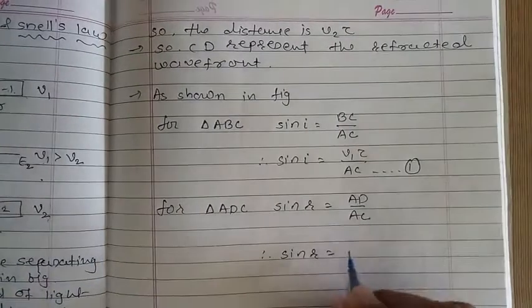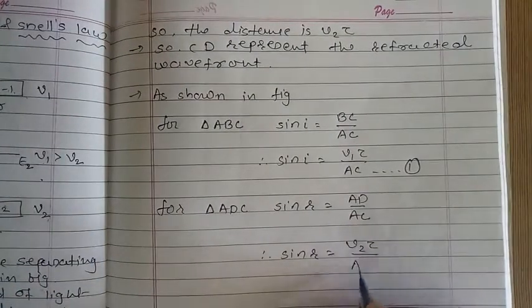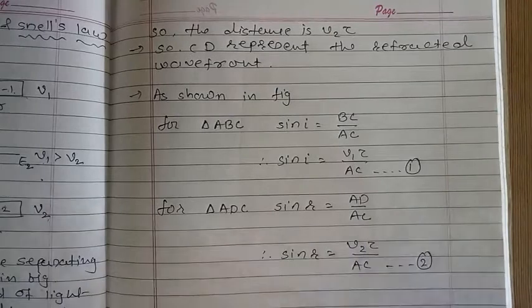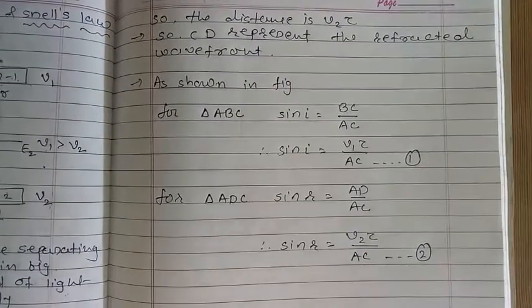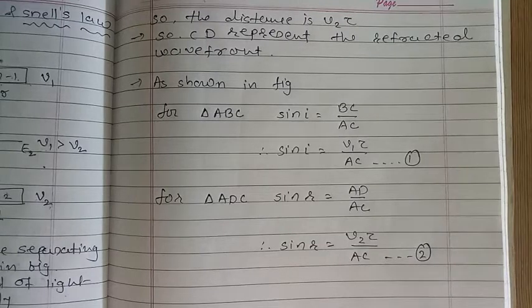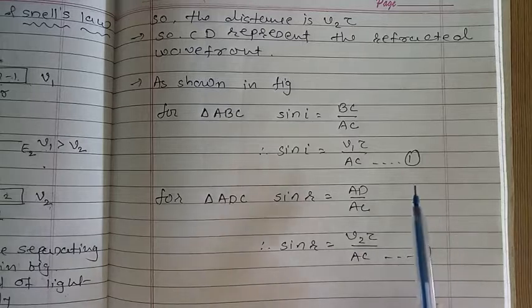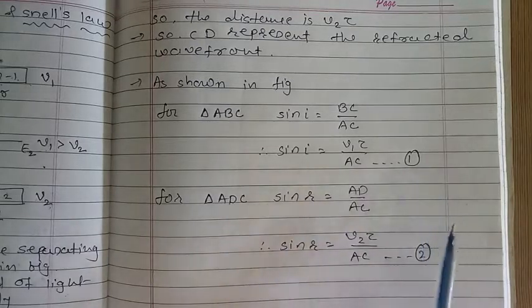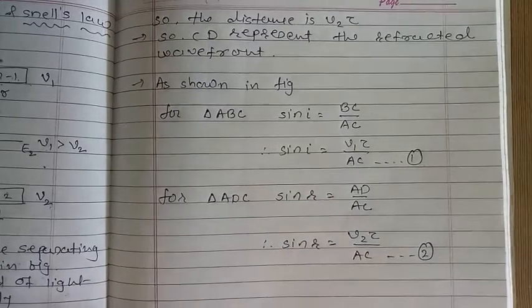So sin R is equal to V2 tau upon AC. Equation number 2. Now we know Snell's equation n1 sin theta 1 is equal to n2 sin theta 2. So here we take the ratio of equation 1 and equation number 2.